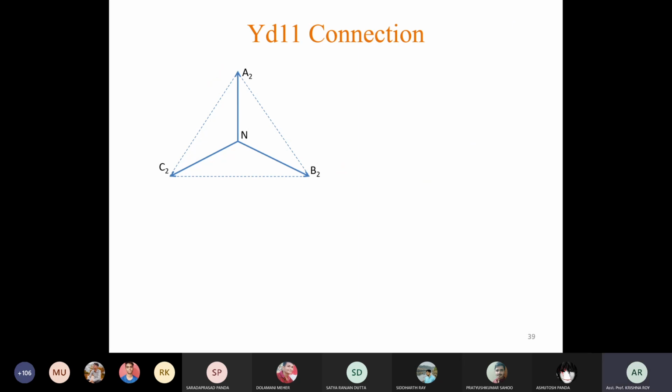How to draw YD11? Sir, YD1 secondary may be translated anti-clockwise by 60 degree.